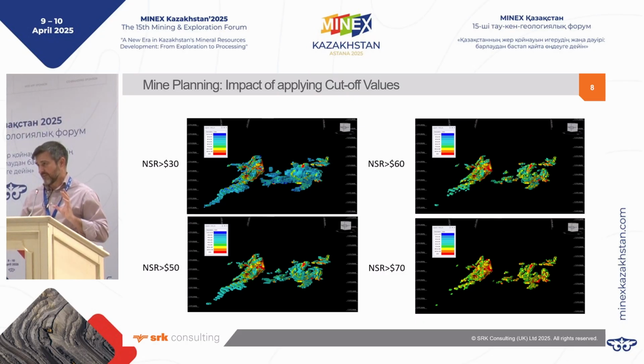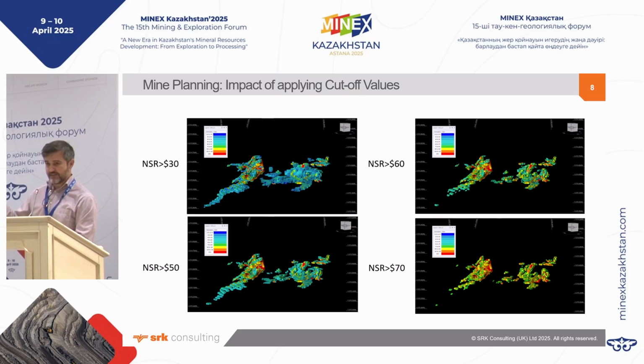So let's just say there are operations which have multiple process options for sending different grades of material to. In this example, we're looking at an operation which has potential to send material to a heap leach for extraction of the copper, or we can send it to the flotation plant.